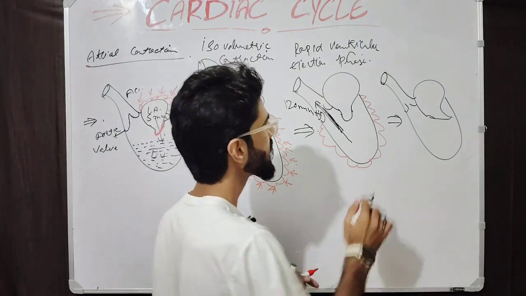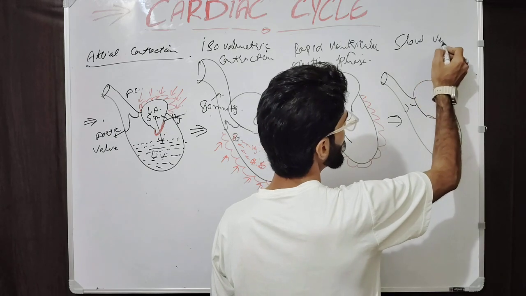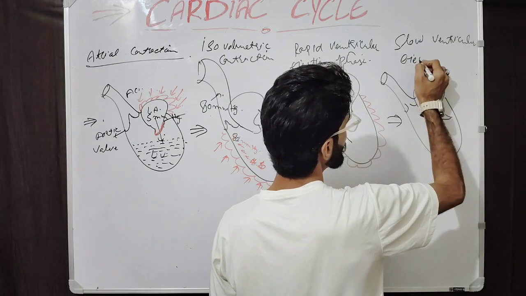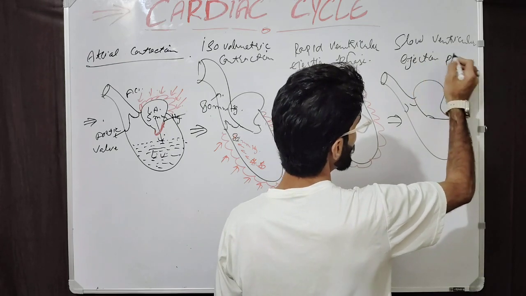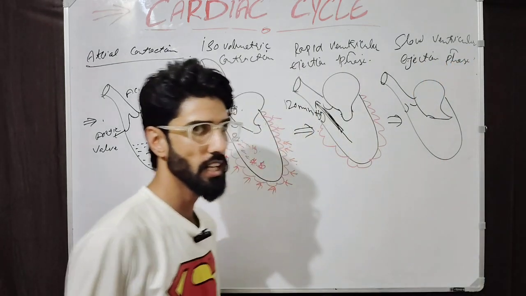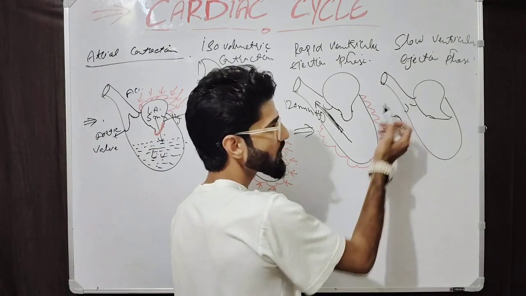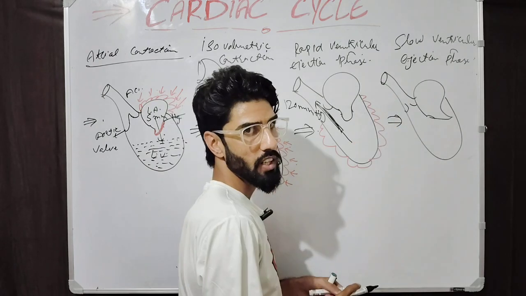So this phase is called the slow ventricular ejection phase. When the left ventricle ejects blood slowly, the aortic pressure is progressively increasing.